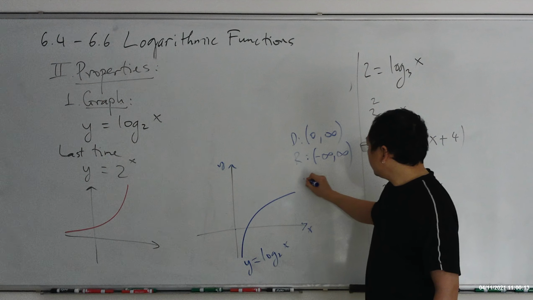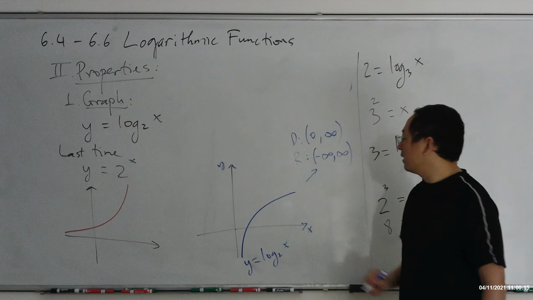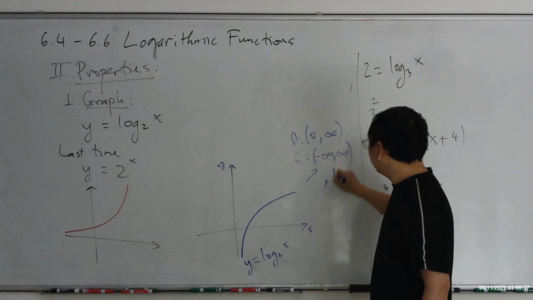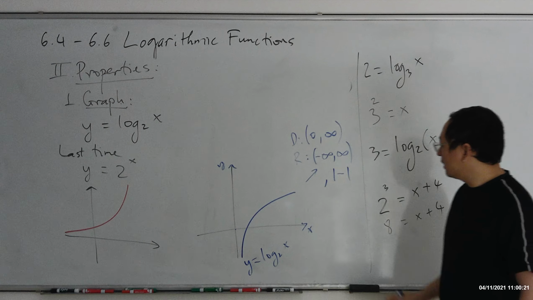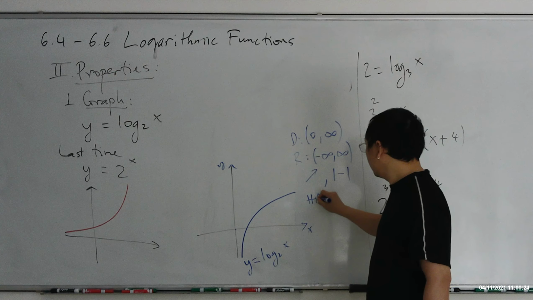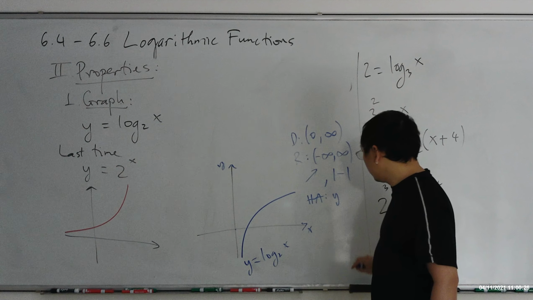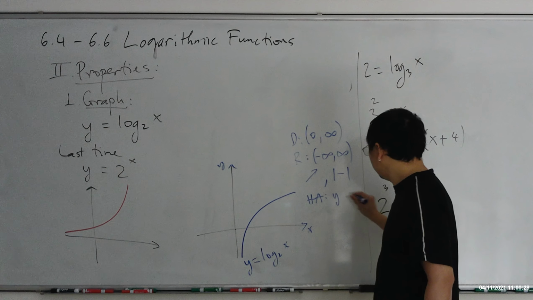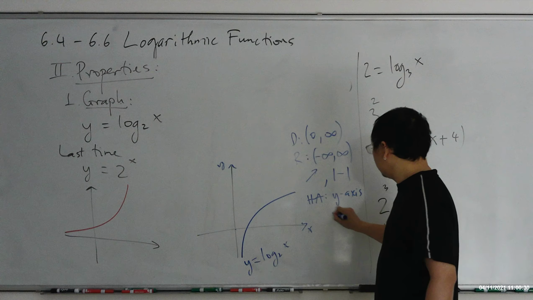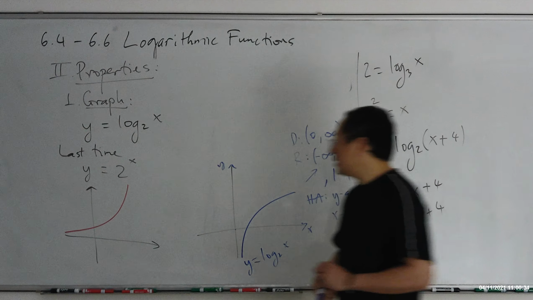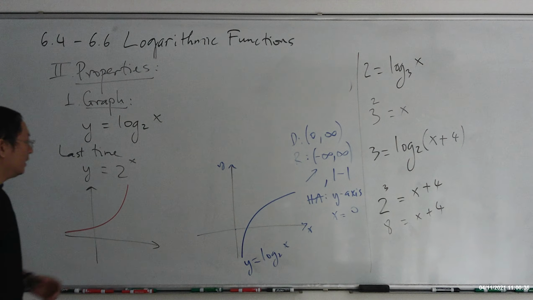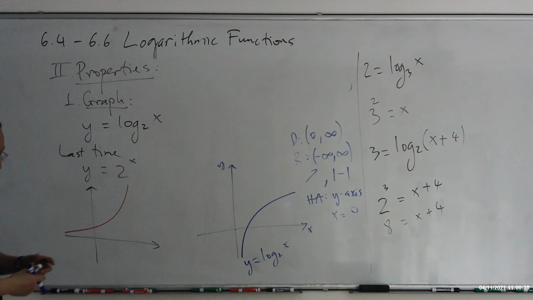And it's increasing. And of course it's 1 to 1, increasing. And we got the vertical asymptote at x equals 0. It's the y-axis. It is completely the inverse of the exponential function that you learned last time.